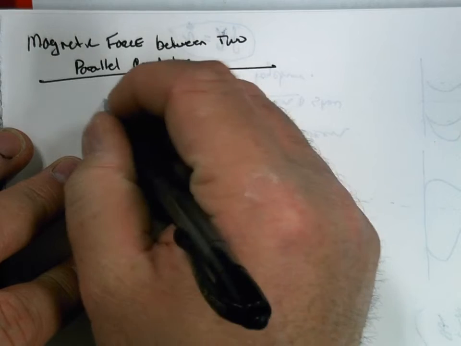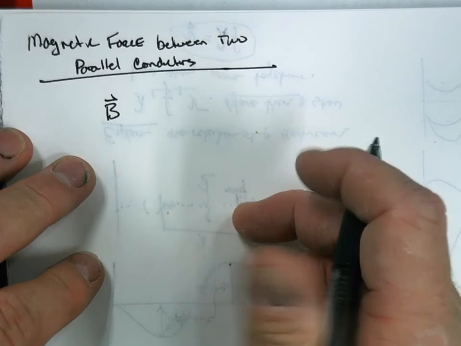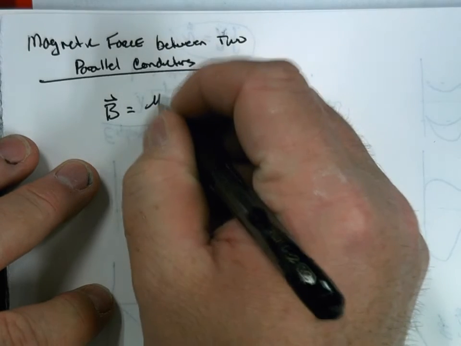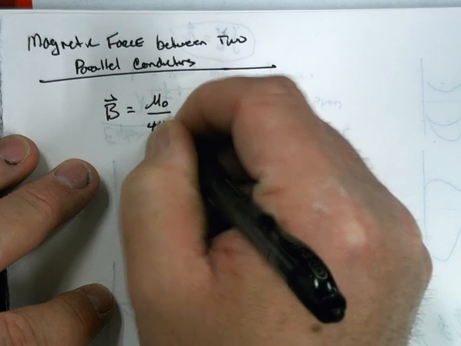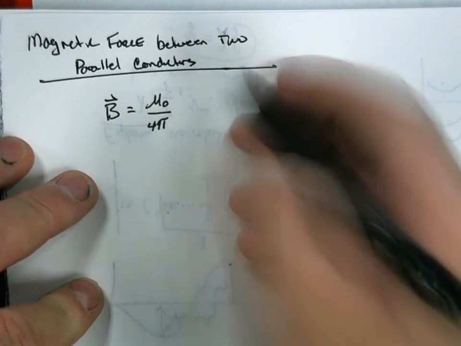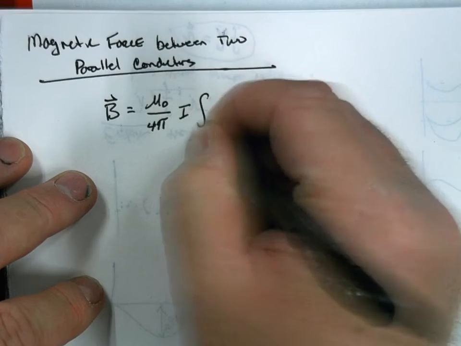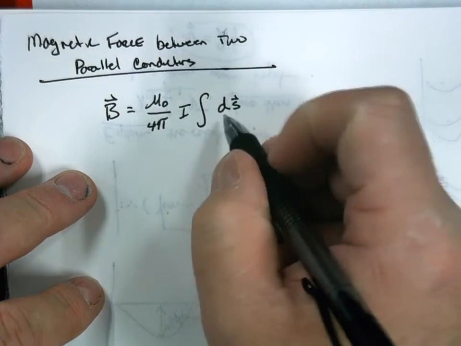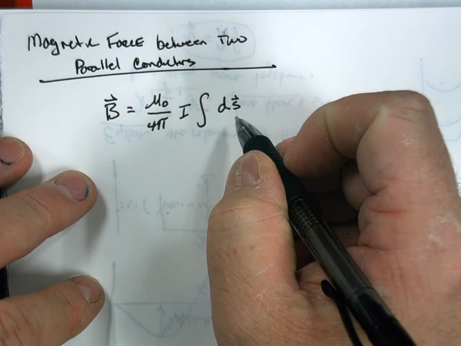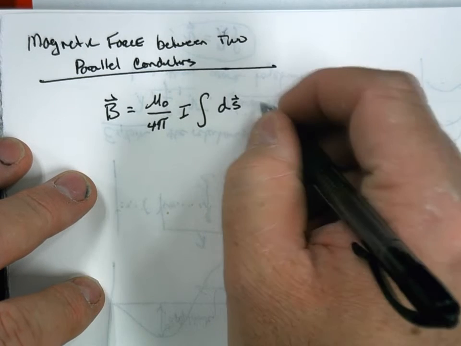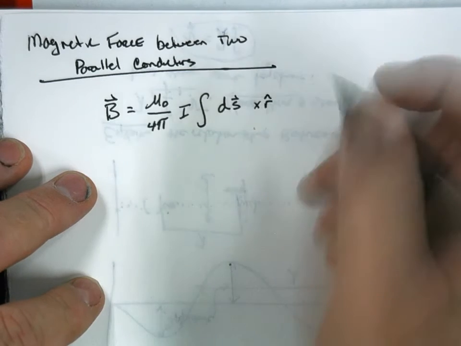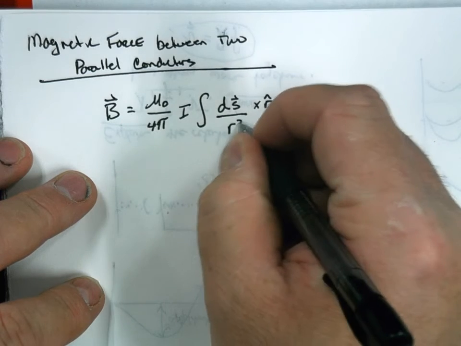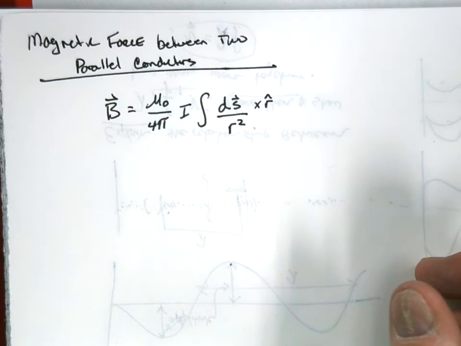Hopefully remember that we used our Biot-Savart law to give us this exact value times I times the integral of the path of the wire times r hat, cross r hat, all over r squared.